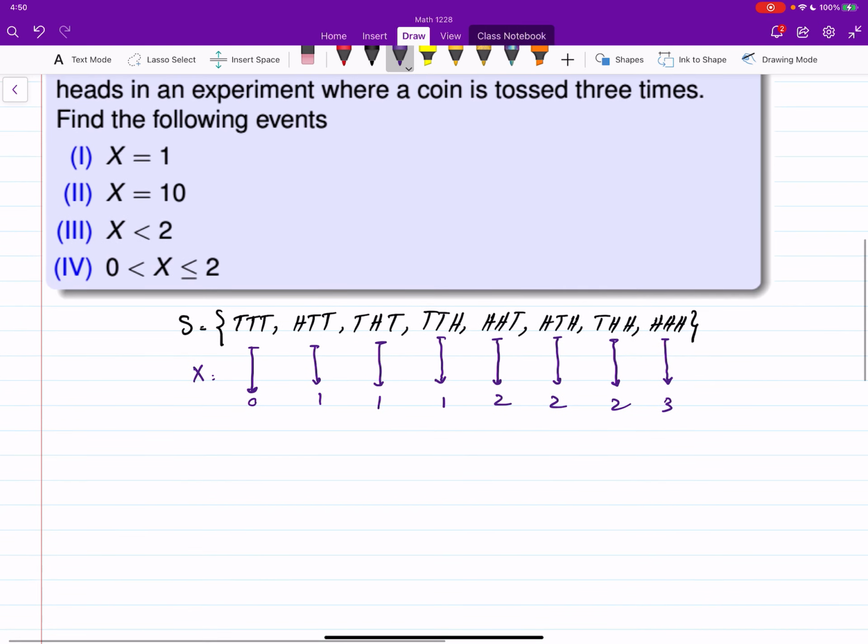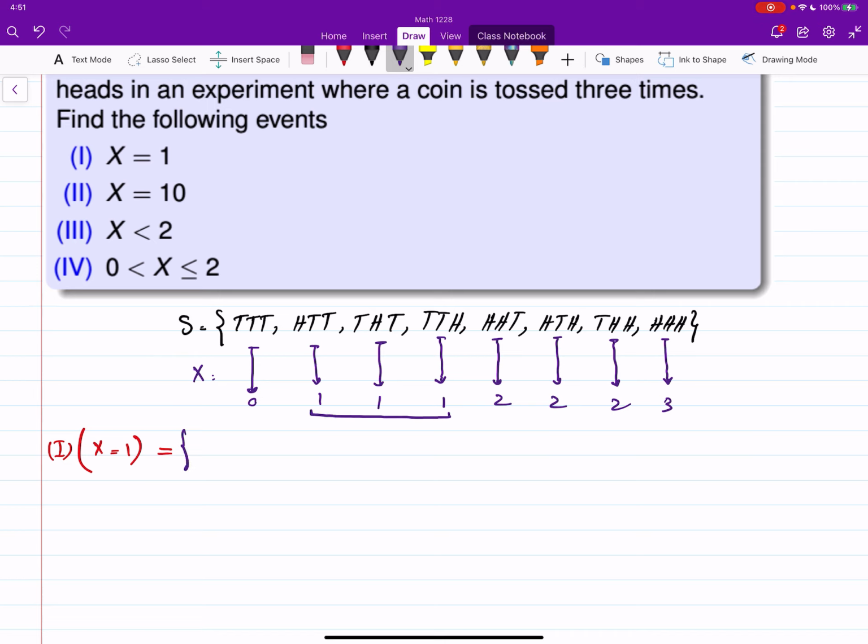Now let's see what the questions are asking. It says to find the following events. X equals 1. What is this event? If I put it in brackets, this is an event for which X gets the number 1. So X gets 1 here, 1 here, 1 here.